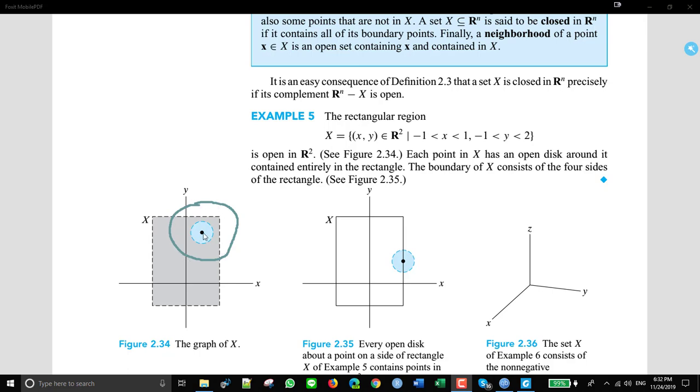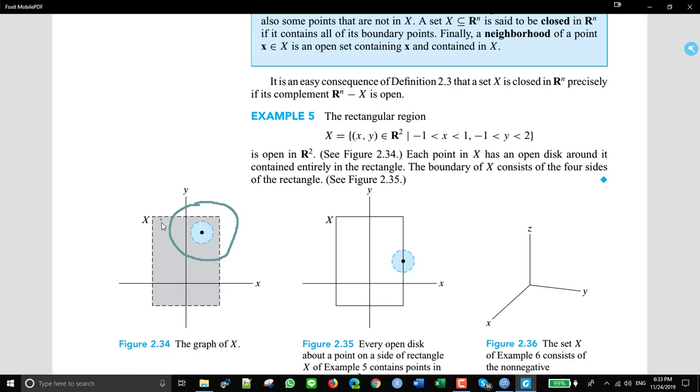We're not saying that every open ball around the point has to be contained in X, but just that we can find a small enough open ball that is contained in X, and that has to be true for every point in here. So no matter how close, here's another point. Can I find an open ball around this point that is entirely contained within X? Yes, I just have to draw it really tiny and it will be true. Okay, so in that case we're going to call it open.